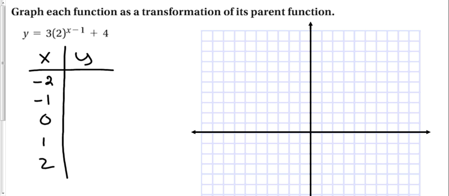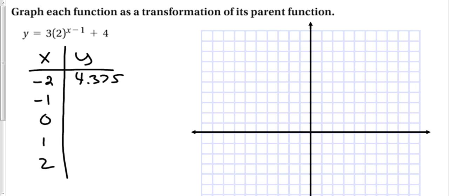So if I put -2 into this function, I get 3 times 2 to the -3 power plus 4 gives me 4.375.